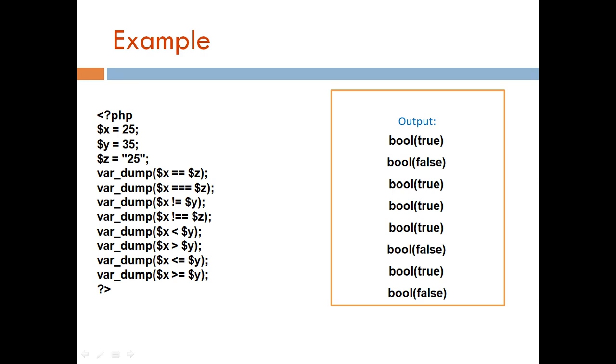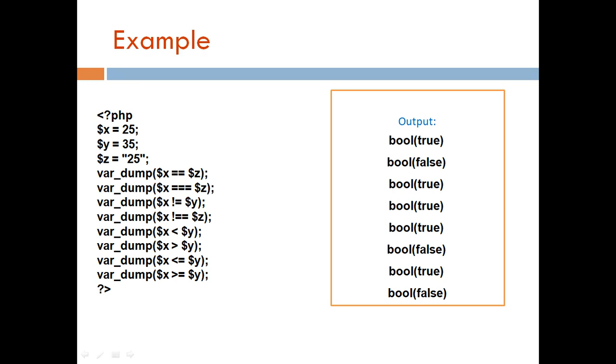When you enclose with double quotes, it treats it as a string, so this is different from an integer. That is why for identical we got the output as boolean false, whereas for equal to we got true because the value remains the same. And var_dump also returns the type of this expression, so boolean is returned.